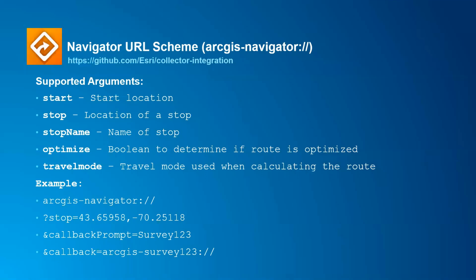You'll see that in a few minutes. For Navigator, you have your start location, your stop location, stop name, optimize, and travel mode. Those are the different arguments that you can pass in, and you can have multiple stops that you pass in through the URL scheme. You'll see that later when I show you something through the companion app.